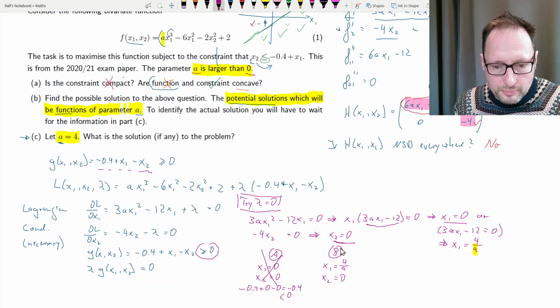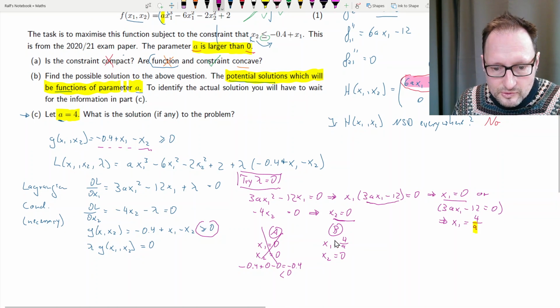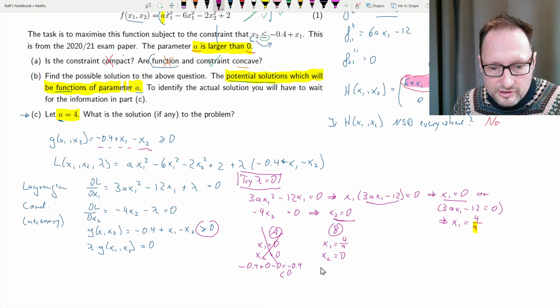So what about point B? Let's do the same. So point B, we plug these coordinates into the constraint. We get negative 0.4 plus x1, which is 4 over a, minus x2, which is 0, so minus 0.